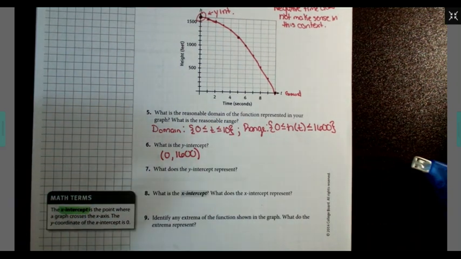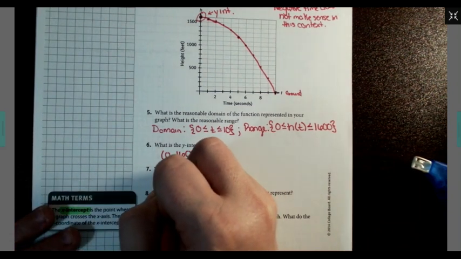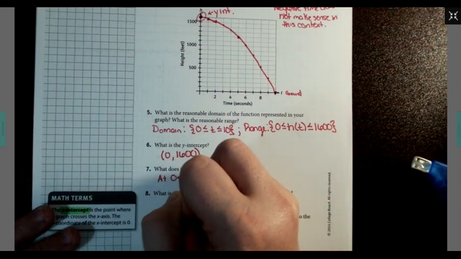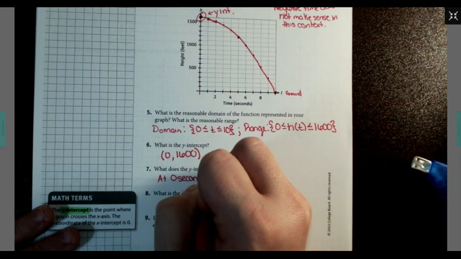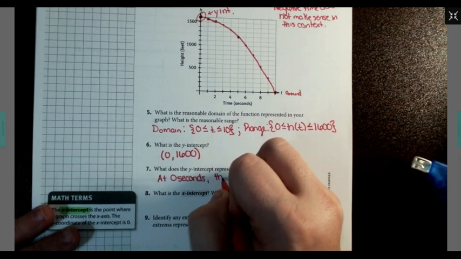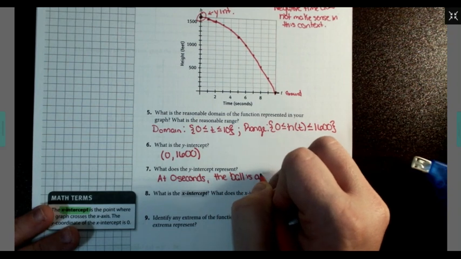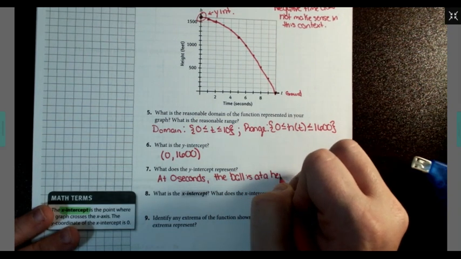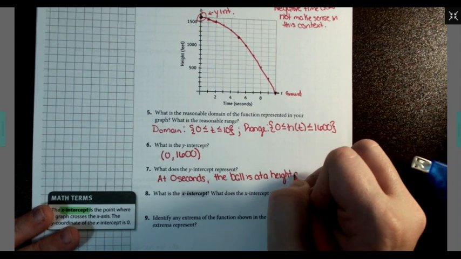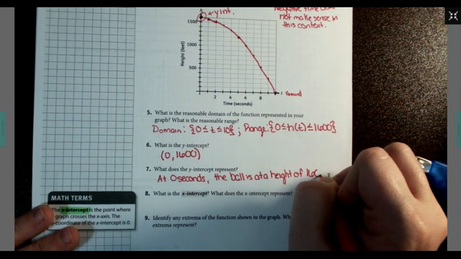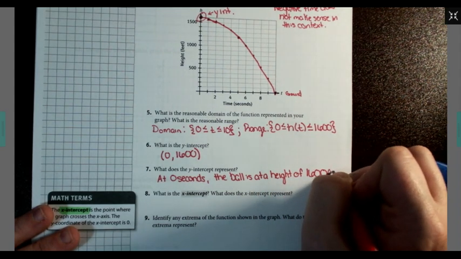What does that y-intercept represent? At 0 seconds, the ball is at a height of 1,600 feet.